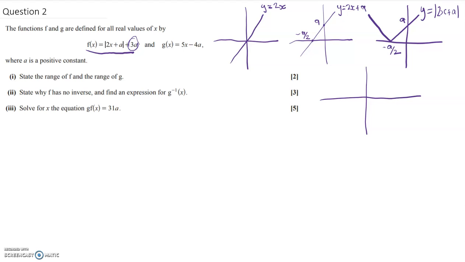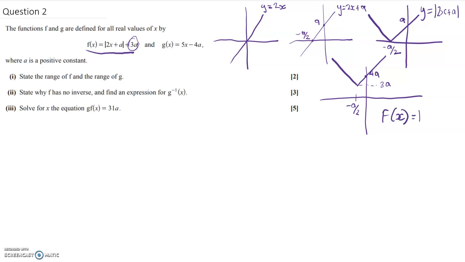So imagine that you've just moved that, a would go up to 4a now, and the lowest point would be 3a because it was originally at 0. Okay, so that's what the final graph looks like for f(x).